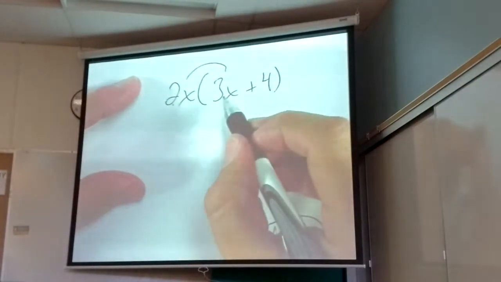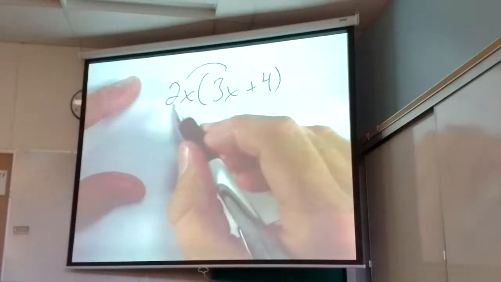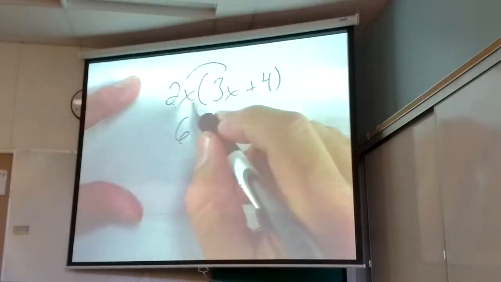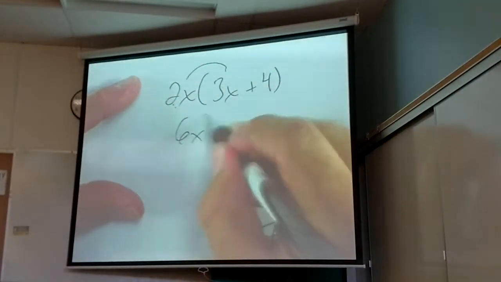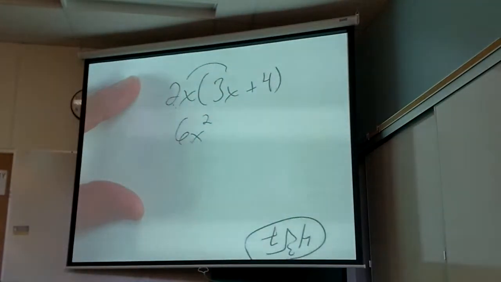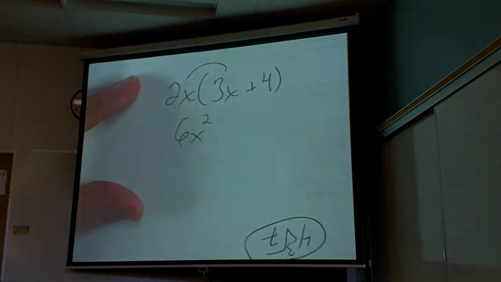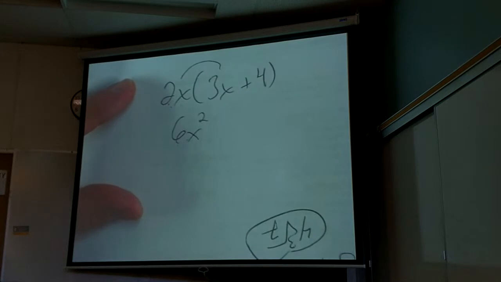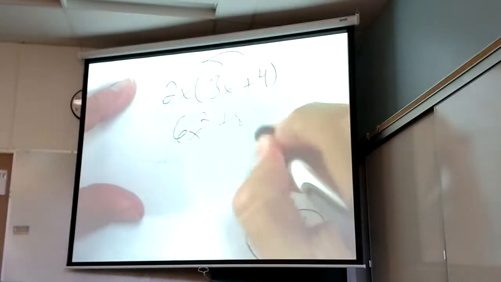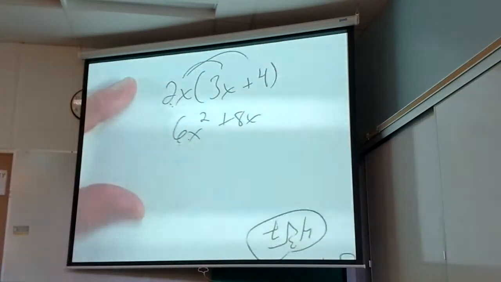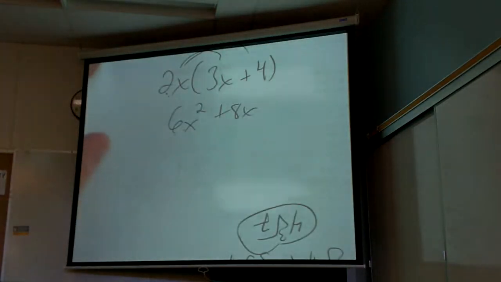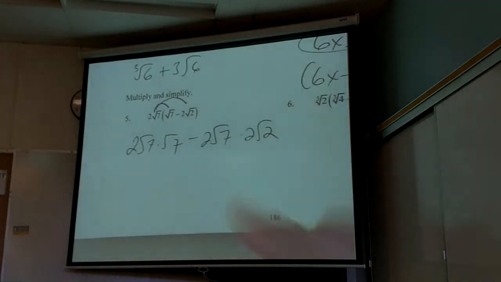You put it with the thing you can put it with. I can do 2 times 3, so I do it. I can do x times x, so I do it. This is 6 times x squared because I can't do anything more. And then, of course, this is plus 8x, because I can do the 2 times 4, and the x just comes from the right. Now, what's this got to do with the problem we're actually looking at?